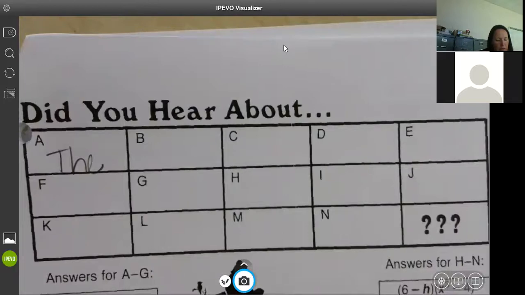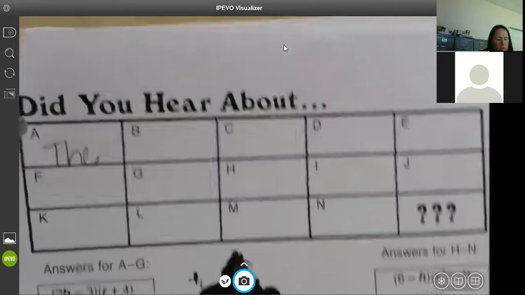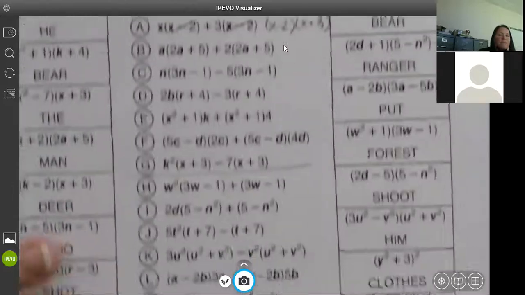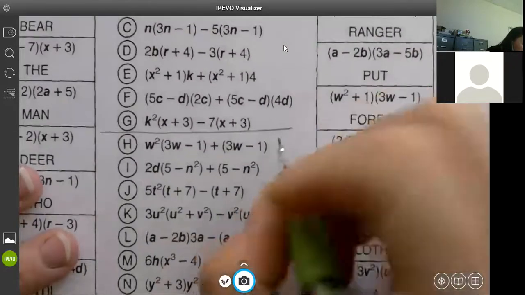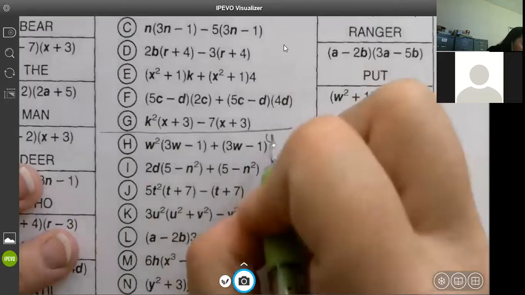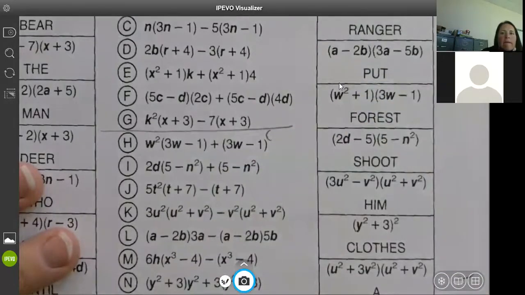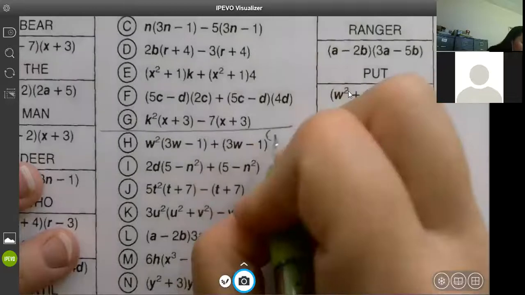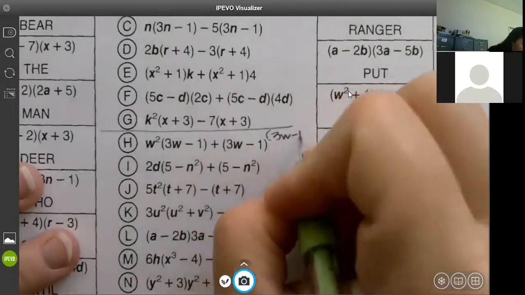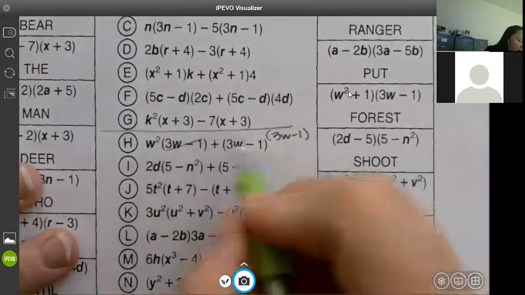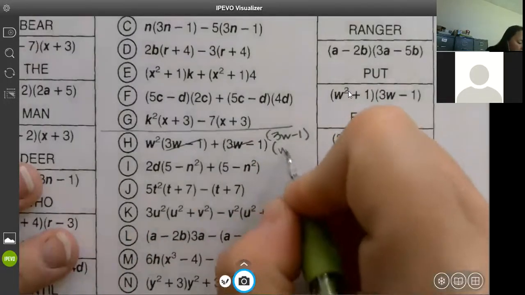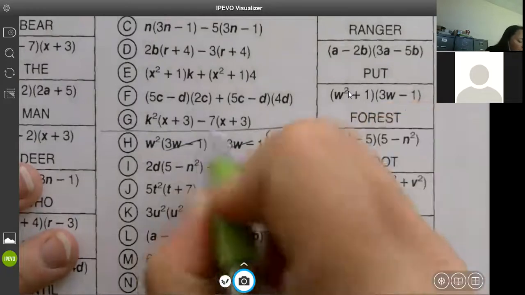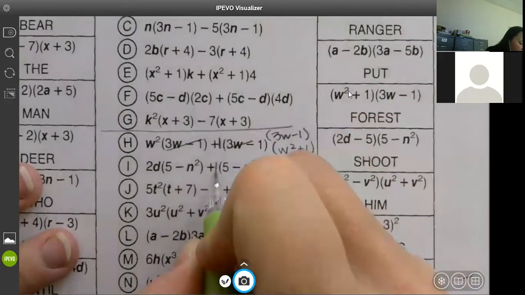Okay, I want to show you one more. I want you to look at H. What's in common on H? (3w minus 1). That's your first factor, so we got that. What's your second factor? Plus 1. So remember, there's always a 1 here. So on the next one, there's a 1.